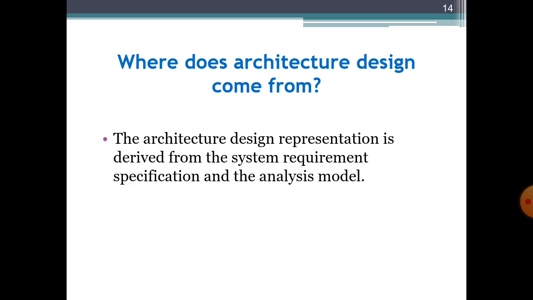So students, till here whatever we discussed, my question to you is, where does the architectural design actually come from? So till now we saw that the SRS document, which we got as output from the requirement and analysis phase, is taken as input in the design phase. And now from this SRS document, we actually build our architectural design, which we also call the skeleton or blueprint of the system.